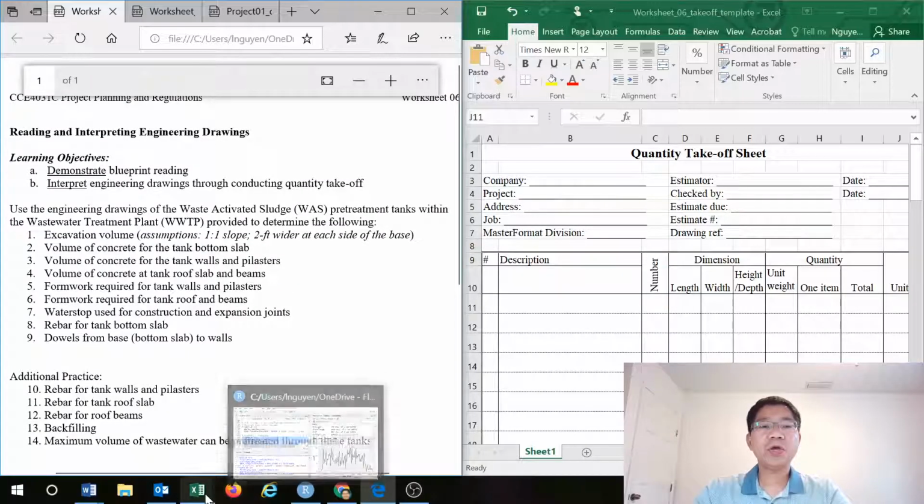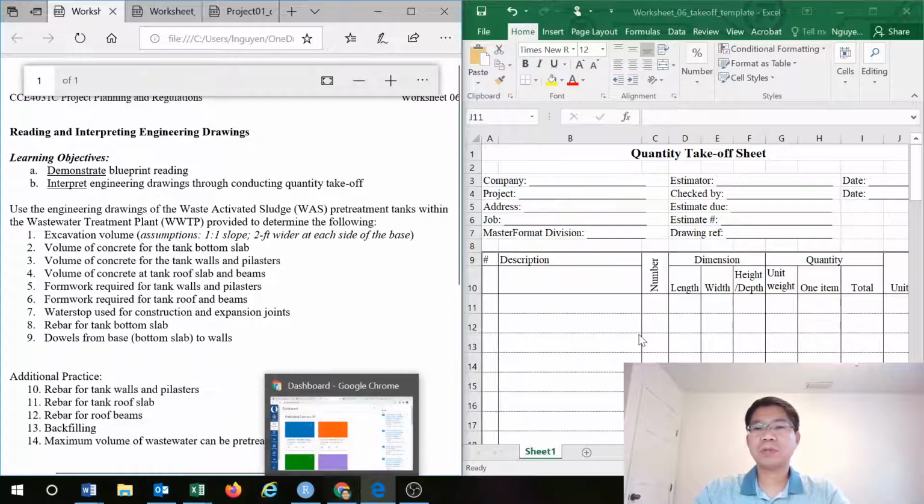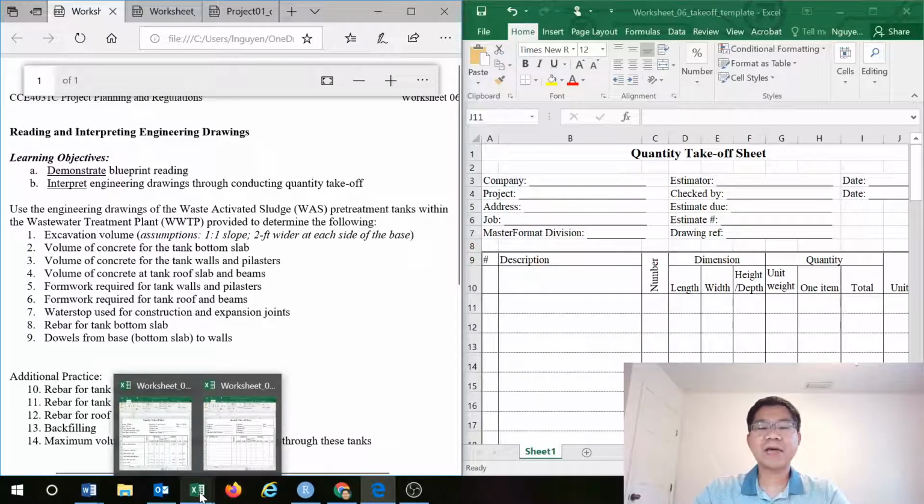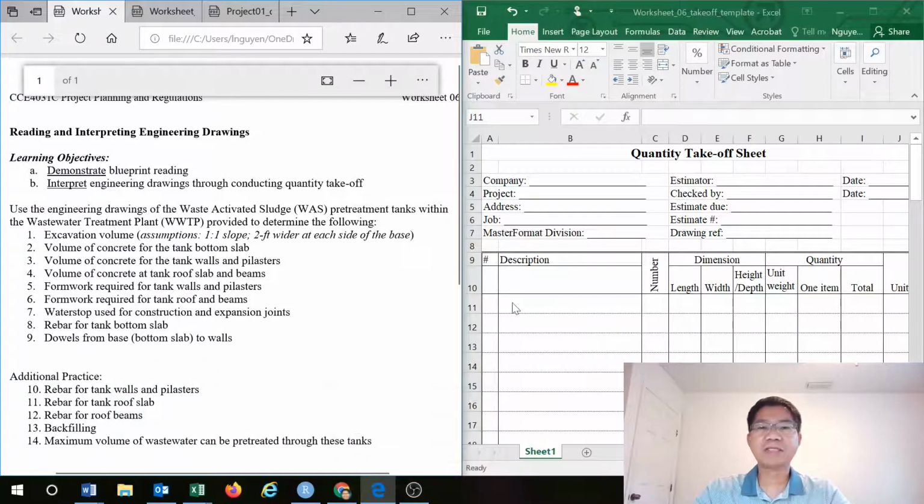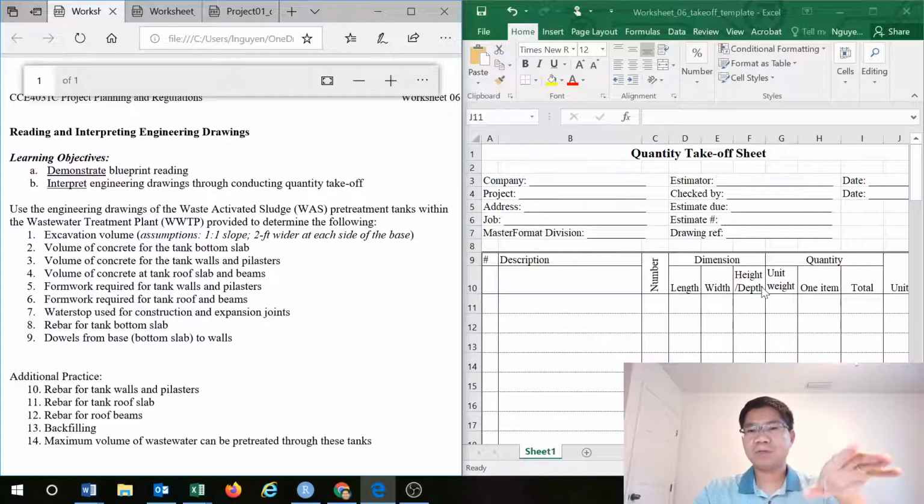In that template, you can fill out, for example, the excavation volume and the dimensions taken from the drawings. And then of course Excel can calculate for us with the formula we use.